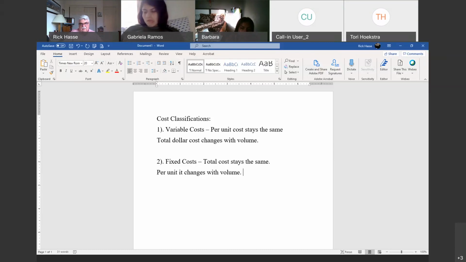Within these cost classifications, Chapter 18 also talks about 2 other types of costs. Product cost, which are costs associated with the product you sell.